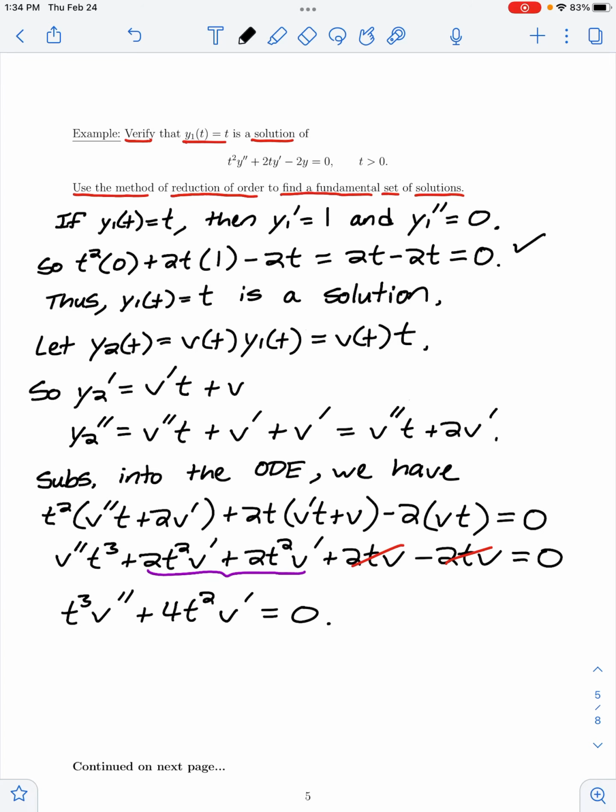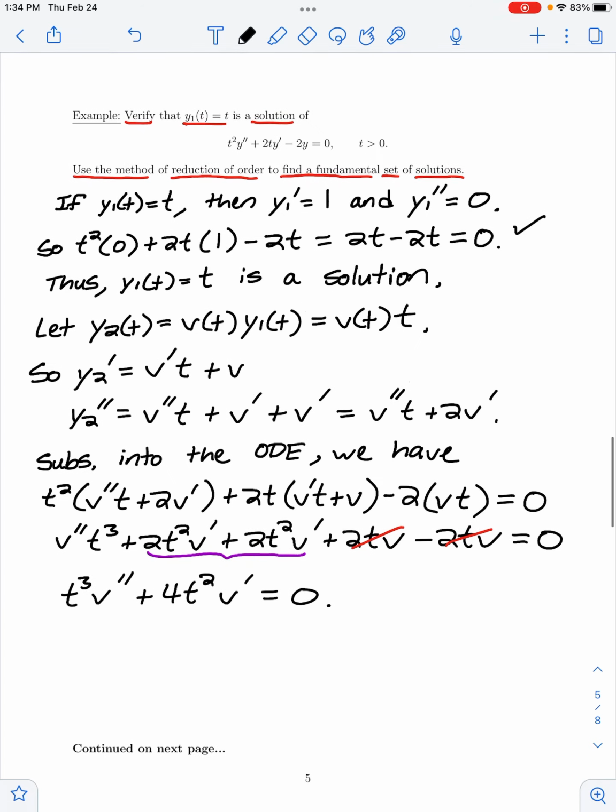So to solve this, we could maybe first make a change of variable. Let's introduce a new function w, which we will define as the derivative of v, so that the derivative w prime is equal to the second derivative of v.